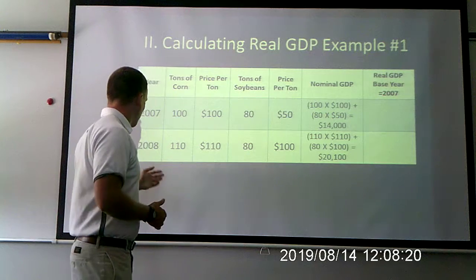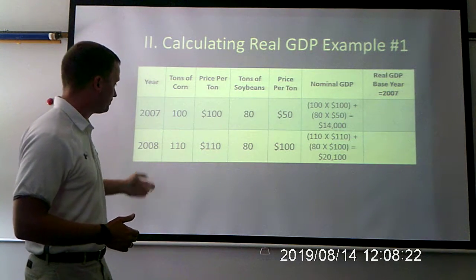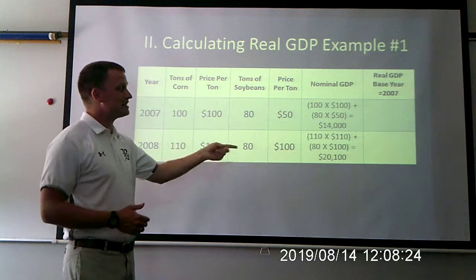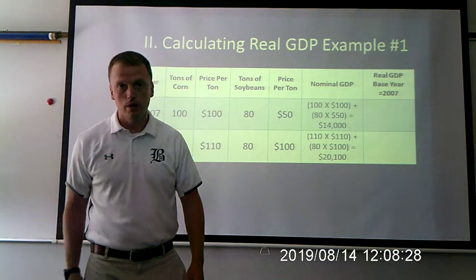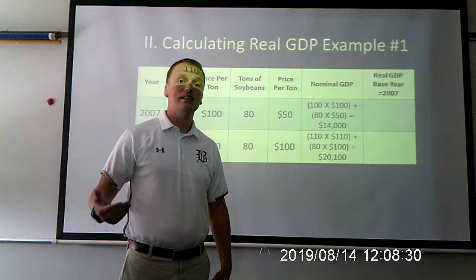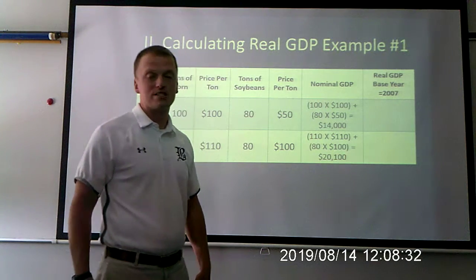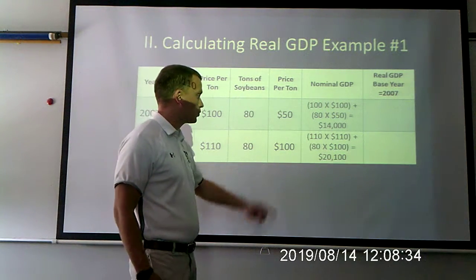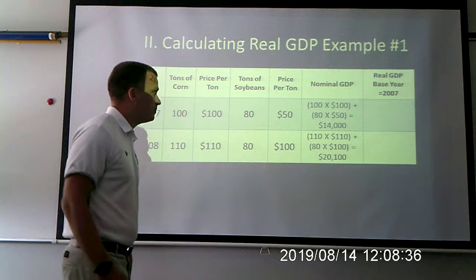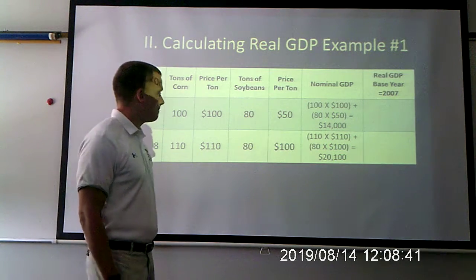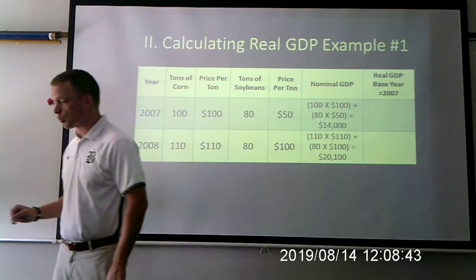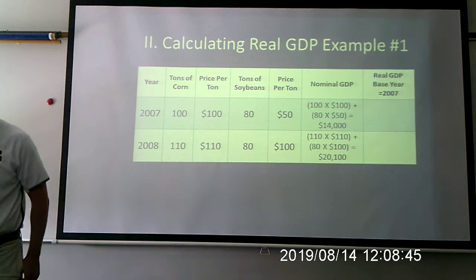And then on the bottom row in 2008, we're doing the same exact thing, and we're coming up with 20,100. Do we see an increase? The answer is yes. 14,000 to 20,000 would be a significant increase. So that's the story with the nominal GDP.